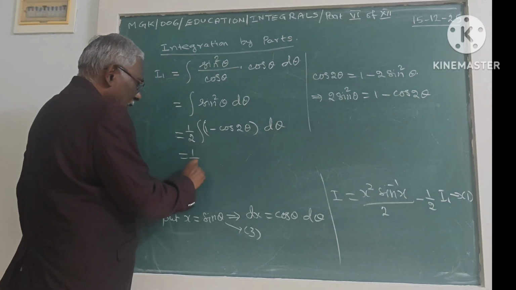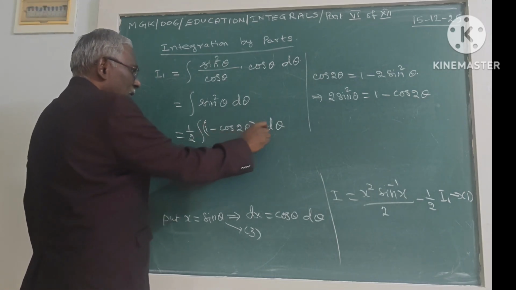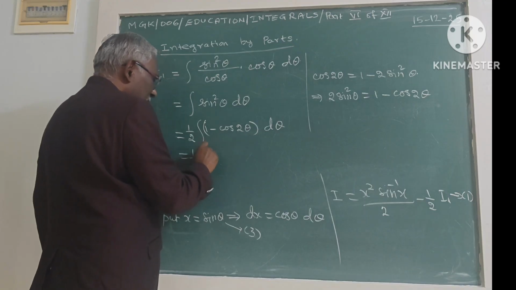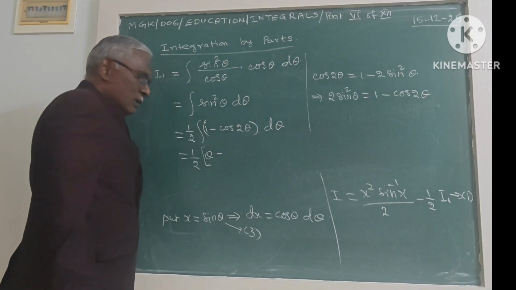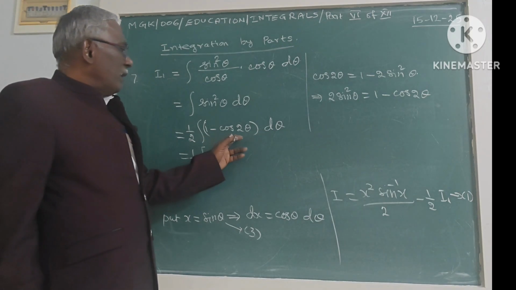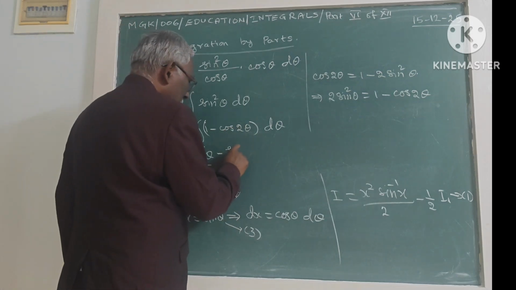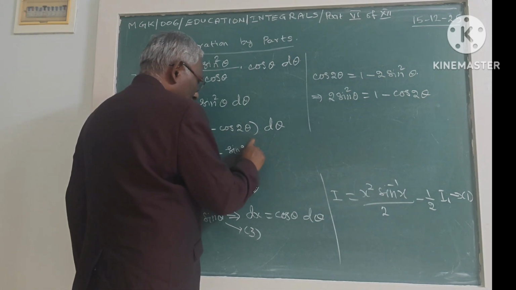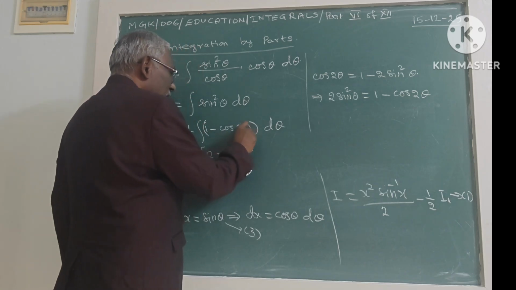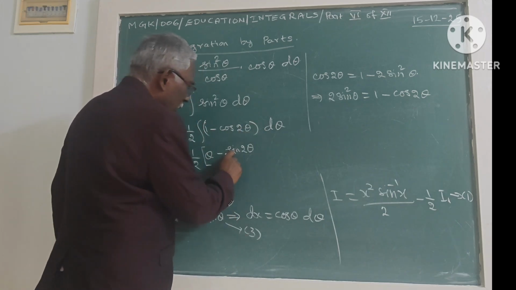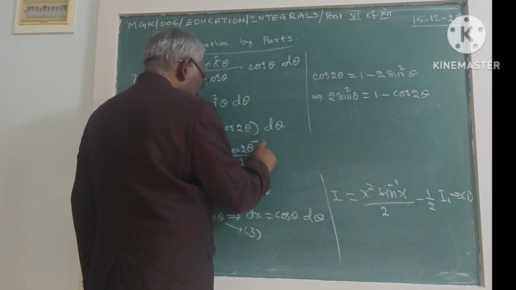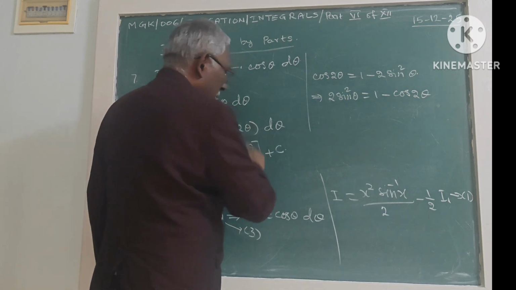Now if you integrate 1 with respect to theta, that will become theta, minus, if we integrate cos 2 theta, we will get sine 2 theta. Again this is not theta, 2 theta is there, so differentiating 2 theta gives 2, which we write in the denominator, plus constant.